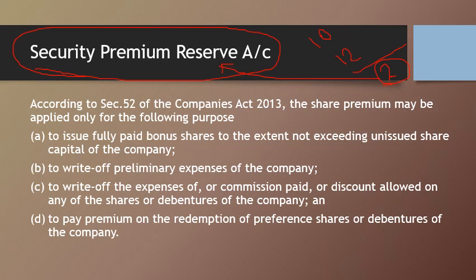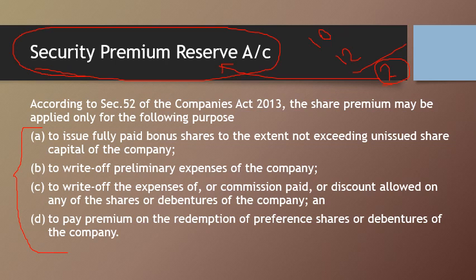According to Section 52 of the Companies Act 2013, the share premium may be applied only for the following purposes. This premium amount can be utilized for any of these four purposes. Any company cannot utilize this rupees 2 except for these four purposes.